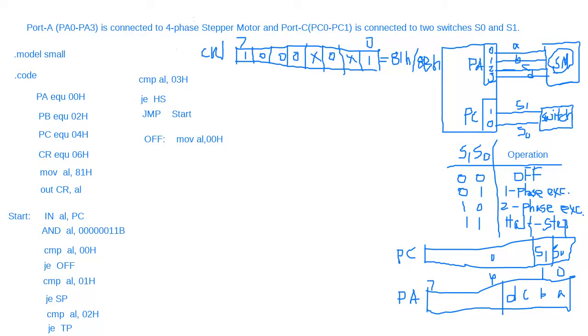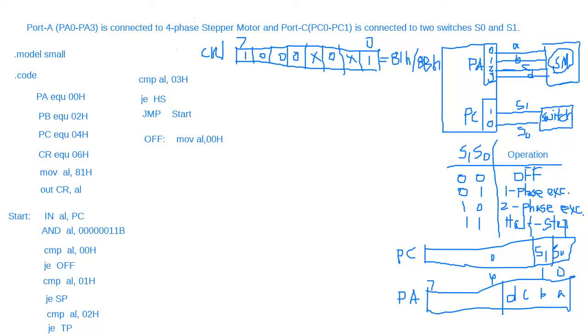Anyway, 00H, for example, for off mode, it is very simple. Send 00H. That means all the phases become 0. The higher 4 bits must be symmetrical like the lower 4 bits, so the lower 4 bits are all 0, and the higher 4 bits are also all 0. Then send it to port A, because port A is connected to the motor.